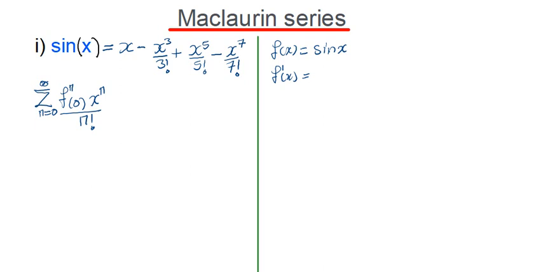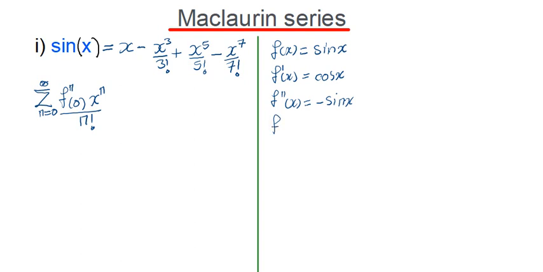Then our second derivative is minus sine x. It's very important that we pay particular attention to those signs that are alternating. We have a negative, we have a positive, and so on and so forth.